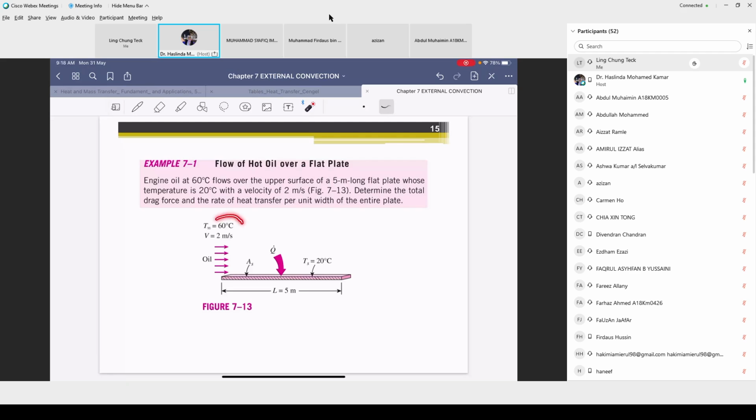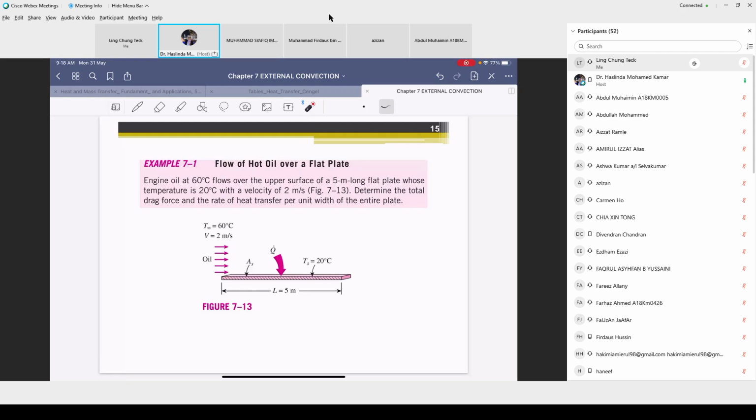And the velocity not too far from the surface is 2 meters per second. Can you see the total drag force? This is something fluid mechanics will use, but for us, we are just focusing on the heat transfer analysis only.